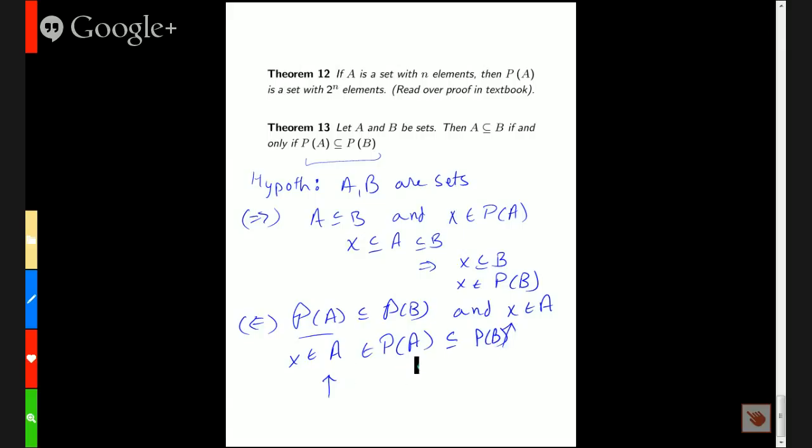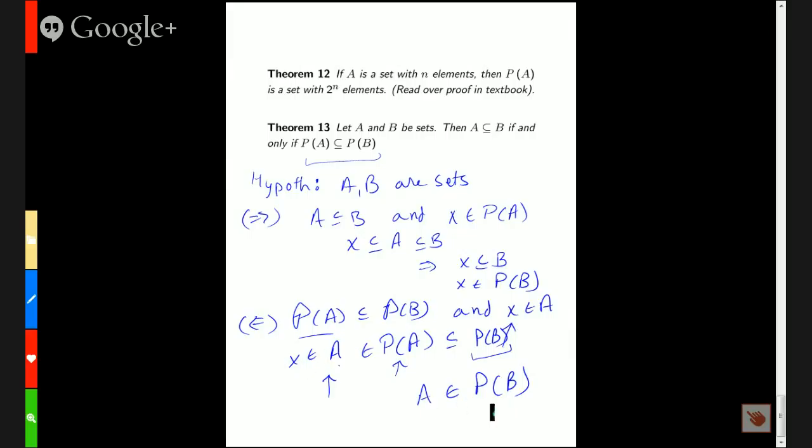If A is an element in here, and this is a subset of this right here, then A is actually an element of PB. Remember, the power set is sets of sets. A is in the power set of A. Power set of A is a subset of a power set of B. So everything in power set of A is in the power set of B. So A is in the power set of B.